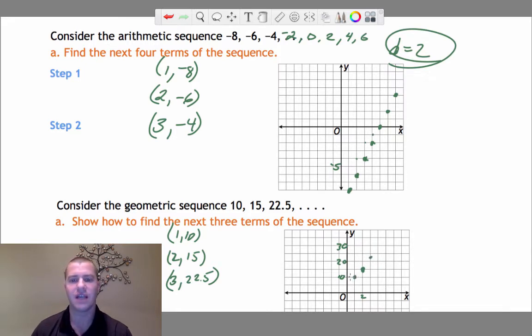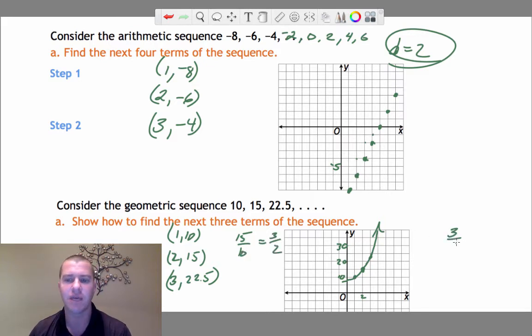And you can't see it as much here, but what happens is that this becomes an exponential function. It will start to flatten out here and rise up like that. And what happens here is your common ratio. So to find my common ratio, I'm doing 15 divided by 10, which reduces to 3 over 2.